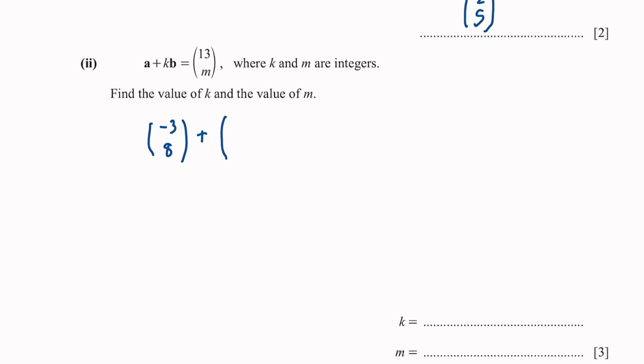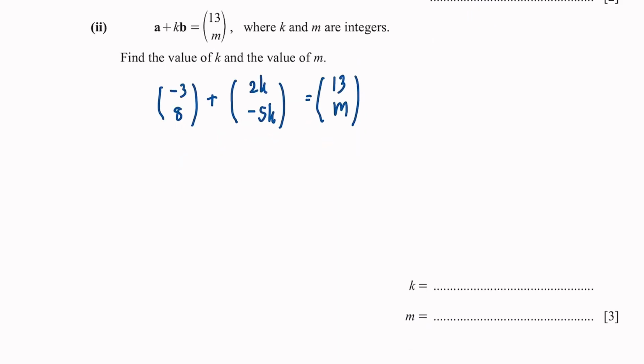Therefore, you will get (2k, -5k) is equal to (13, m). And therefore, you will get two equations. The first one is this, and the second one is this.